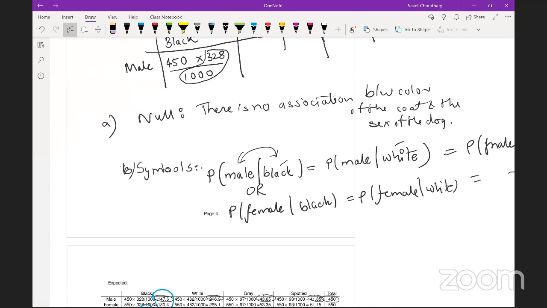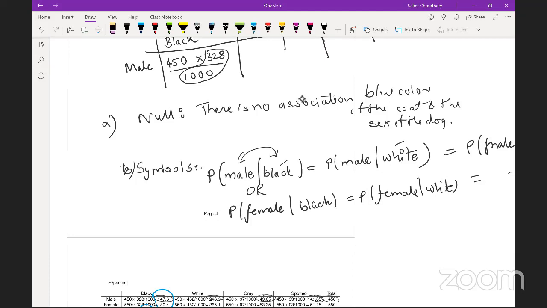So there's no association. There are 2 categories, male and female, so there are only 2 possibilities that could happen. The first way to write this is that the probability that I get a male coming from any of these 4 categories is equal. The other way to write this is the probability of being a female coming from any of these categories is equal.